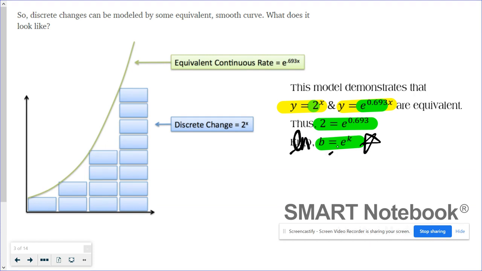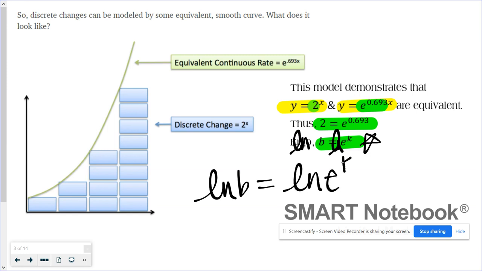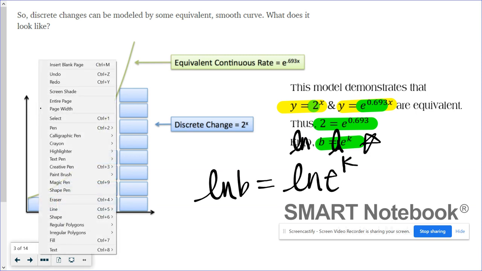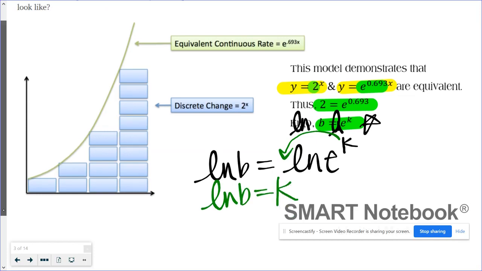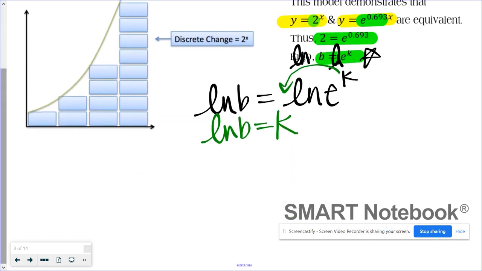What if I took the natural log of both sides? That is really messy, so I'll write it here. So I take the natural log of b, and I take the natural log of e to the k power. Well, as you know, the natural log of e is equal to 1, which means that the natural log of e to the k power is simply equal to k. So this would be our conversion factor for finding the value of k given a base b function.